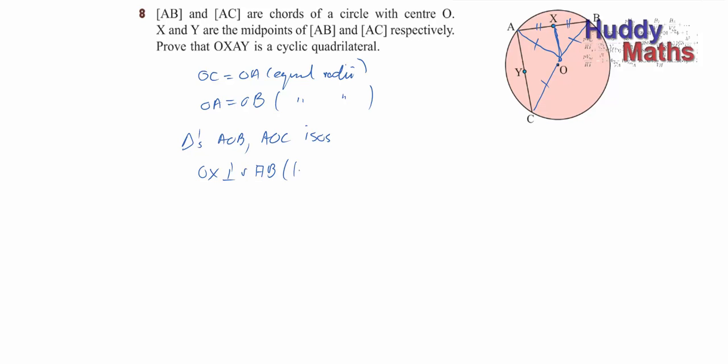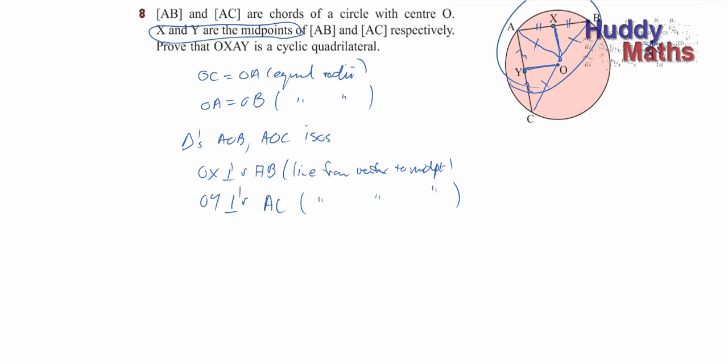So a line from vertex to midpoint of the base of an isosceles triangle is going to be at 90 to it, and OY is going to do the same, okay, because we were told this was the midpoint of that. I didn't mark that in the diagram. That was very bad back up here. I did not mark in that they were the midpoints. So OY is perpendicular to AC. That's a line from the vertex to the midpoint of the base is perpendicular to the base from that old theorem.